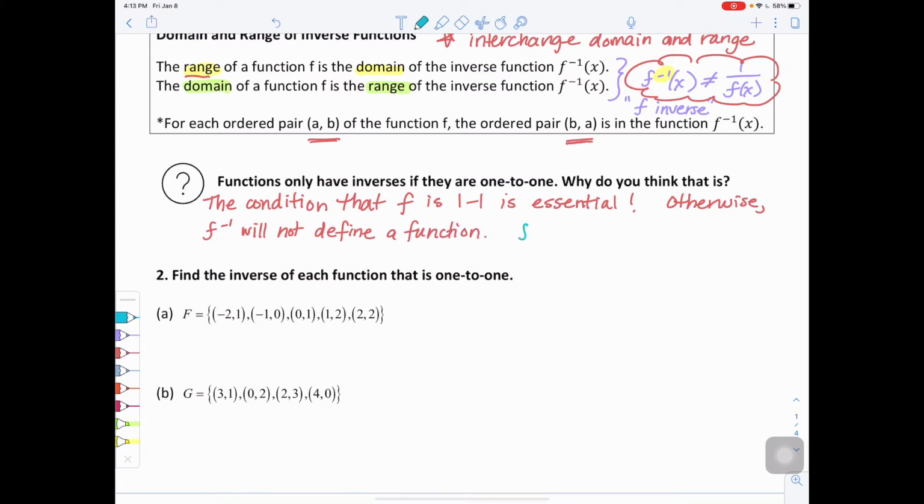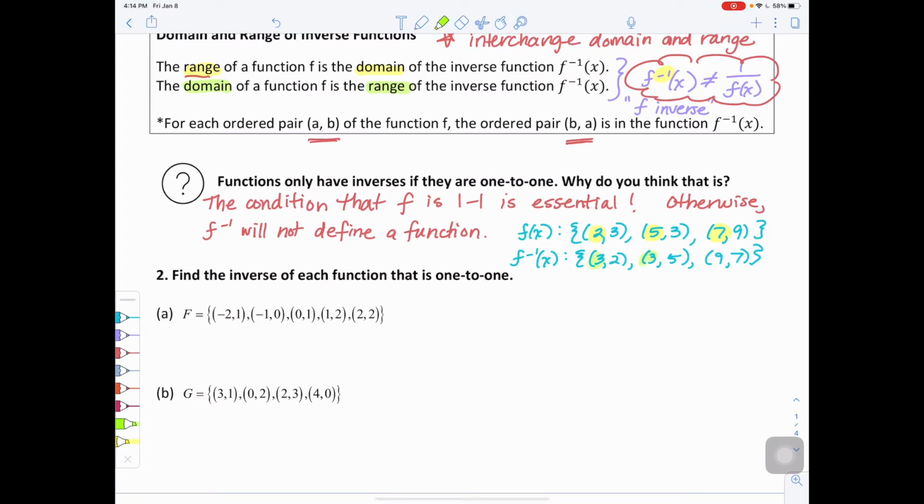Let's say we have f of x, and here are just some points: (2, 3), (5, 3), (7, 9). I just made a few up. If we went to write f inverse of x, and by the way, this is a function. There are no repeated x values, so that relation definitely represents a function. But now f inverse, when we interchange the x and y values, what do you notice?